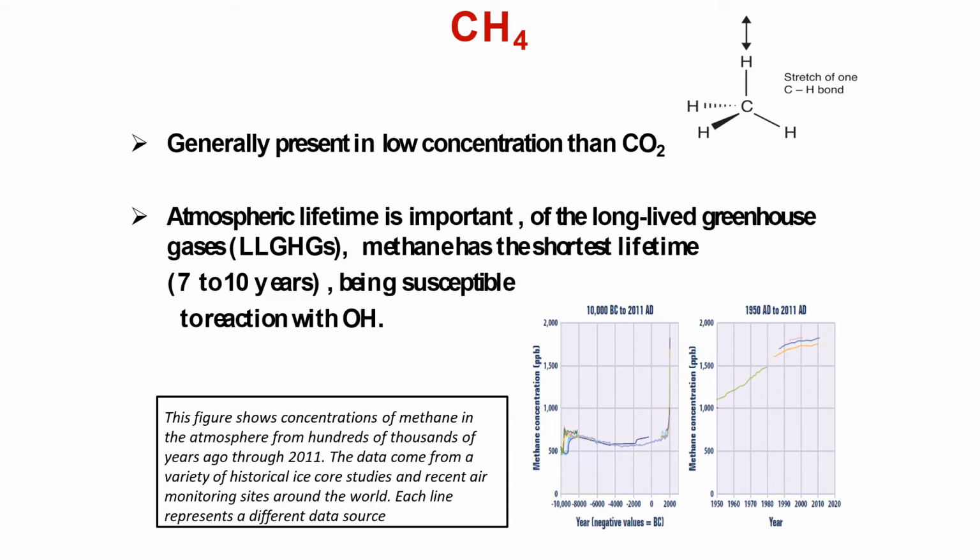This figure shows concentrations of methane in the atmosphere from hundreds of thousands of years ago through 2011. The data come from a variety of historical ice core studies and recent air monitoring sites around the world. Each line represents a different data source.